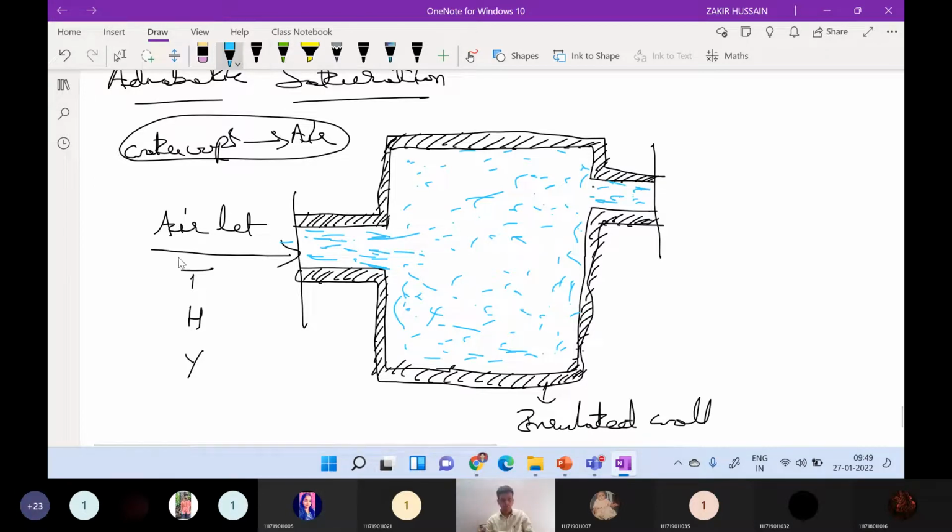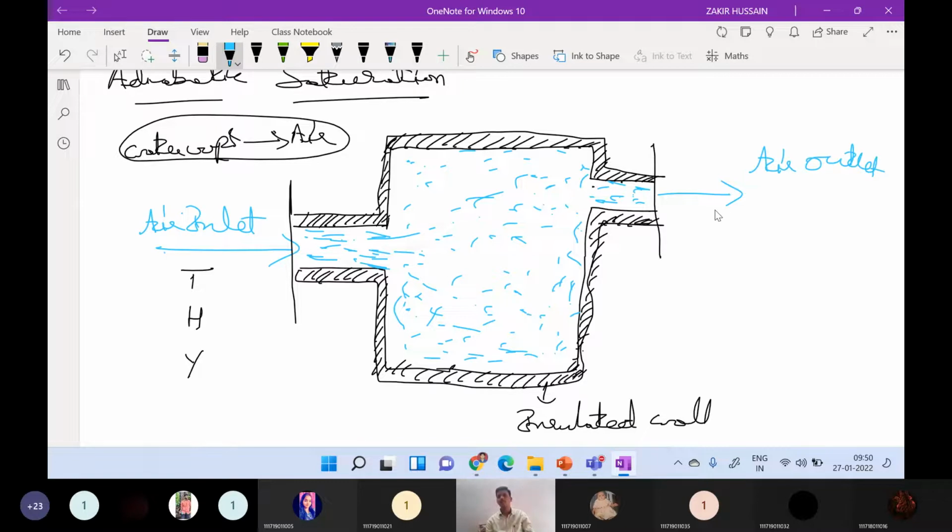I am using this color for air completely. That is the air inlet, and this is the air outlet.